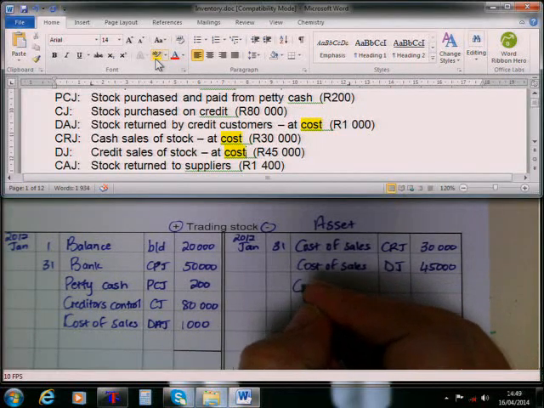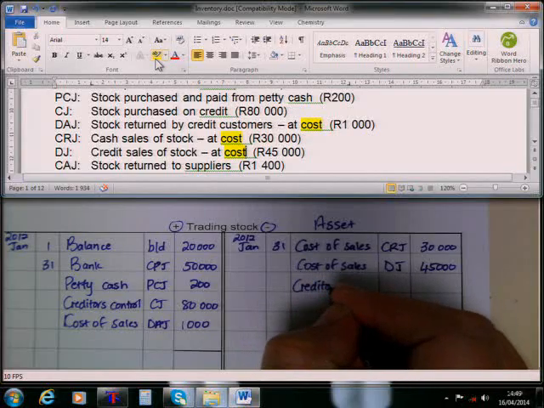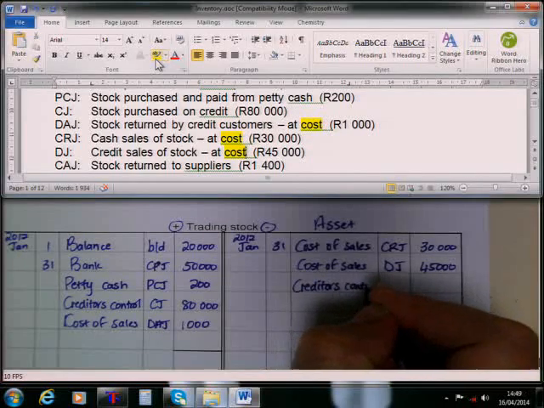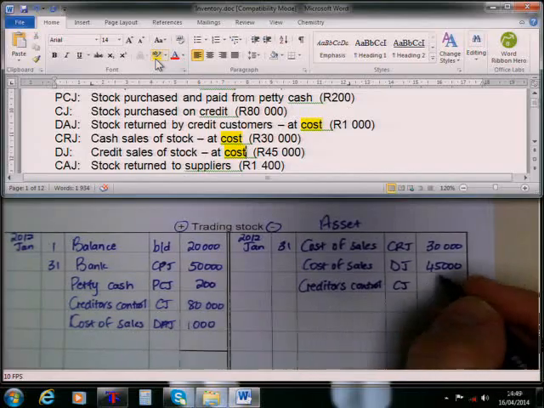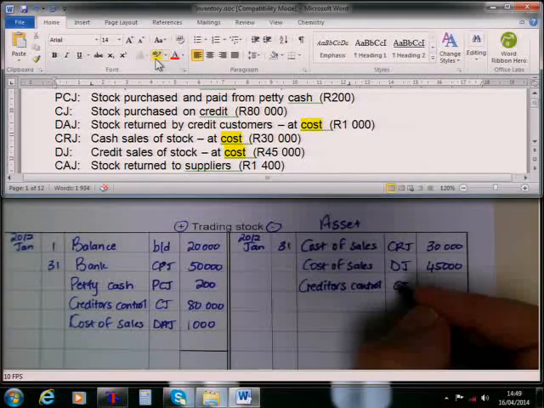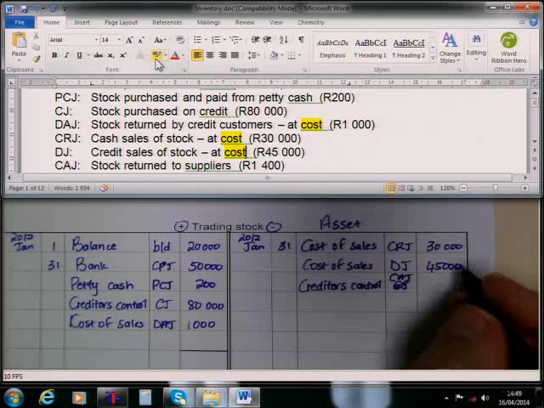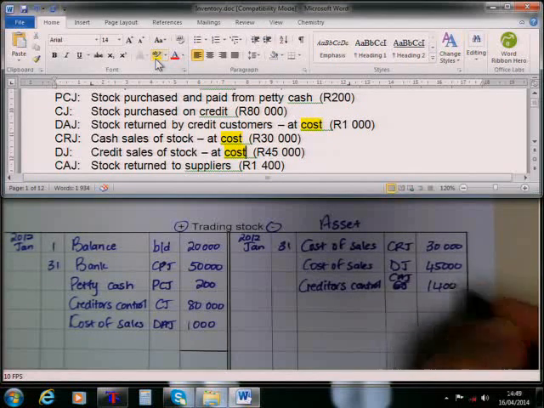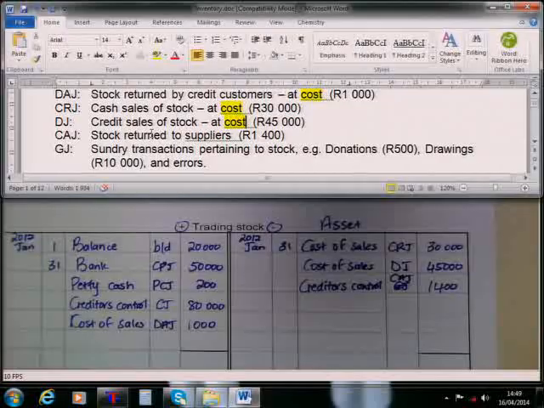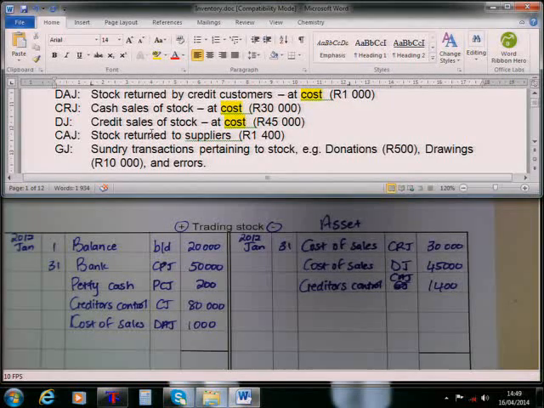So that is creditors control, CAJ, and that gives us 1,400 that we returned to our creditors.